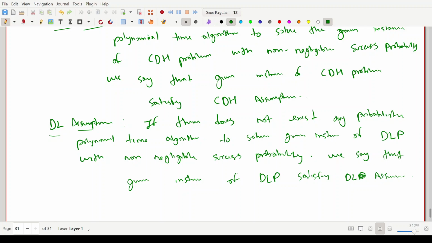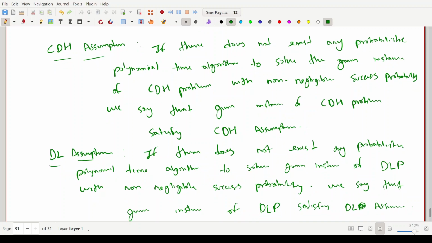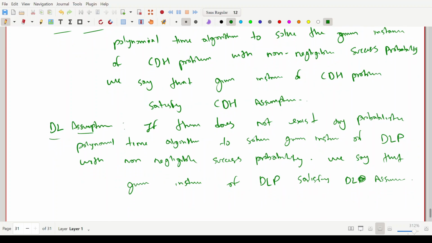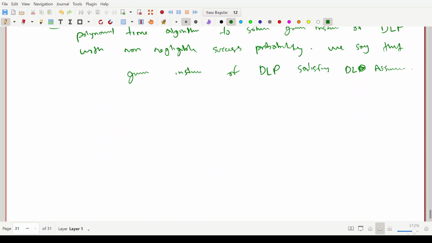Okay, now the question is, what is the relation between this CDH assumption and the DL assumption? See, it is clear that if you are able to solve the DLP problem, then we can easily solve the CDH problem, correct? An efficient algorithm that solves DLP will lead to an efficient algorithm to solve CDH.